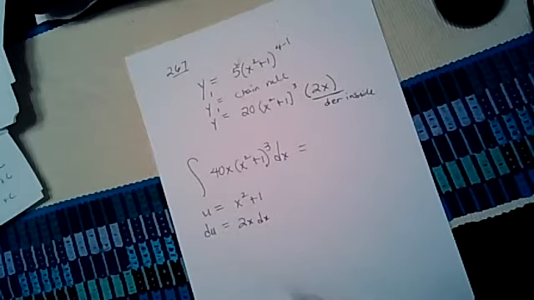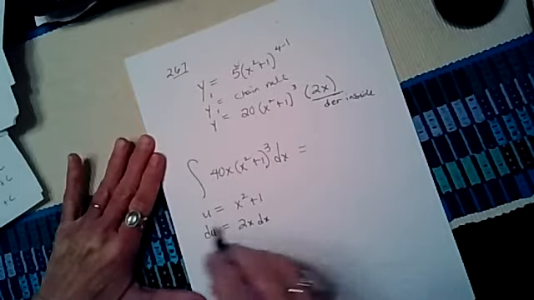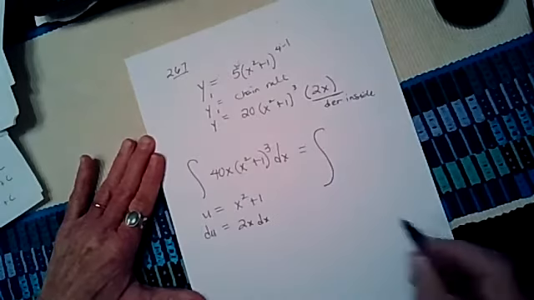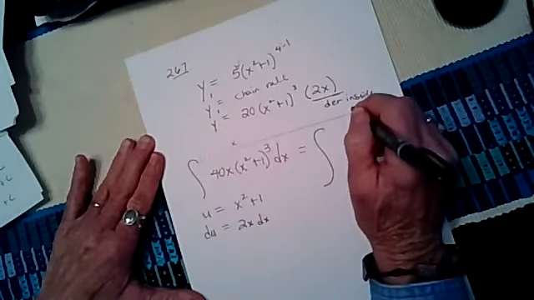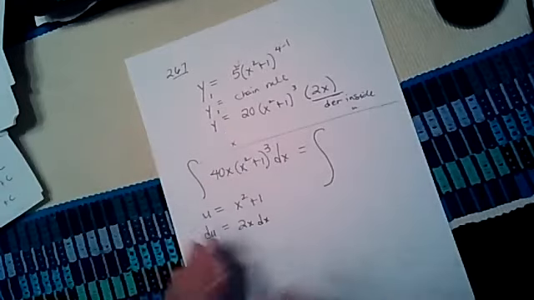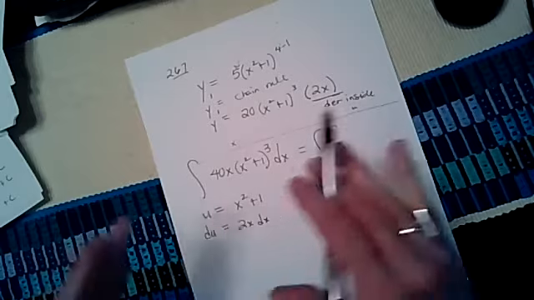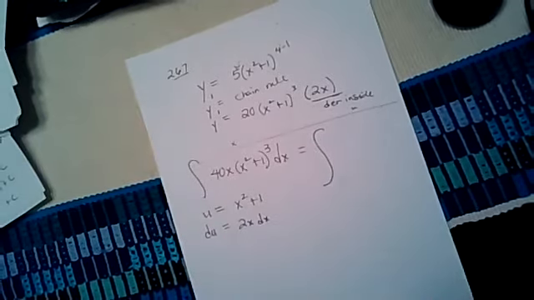Now I'm going to rewrite this complicated function in terms of u. This will be the x part, and this will be the u part. You can't mix up your u's and your x's.